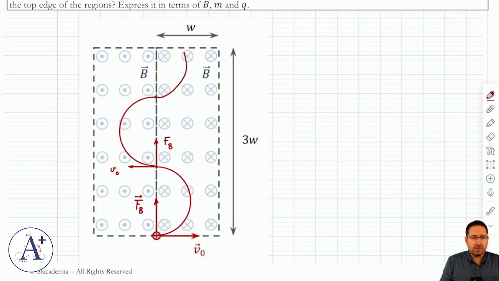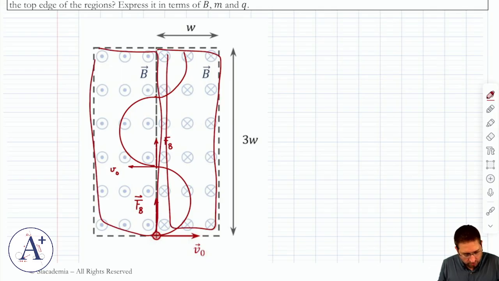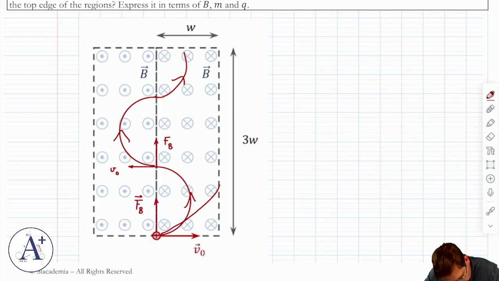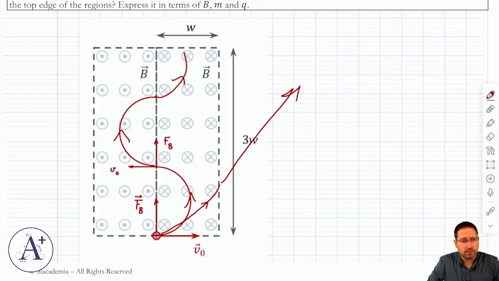Now the thing is, this only happens as long as the proton remains within either the right region or the left region, because the only reason it happens is that the magnetic force is a centripetal force and pulls this thing along a circular path like this. So I need the magnetic force. If I don't have it, I can't snake my way up to the top edge. And so what I can't do is leave this region. If I go like this and then leave the region, I'm going to just travel in a straight line because there's no more force to make me move in a circle.